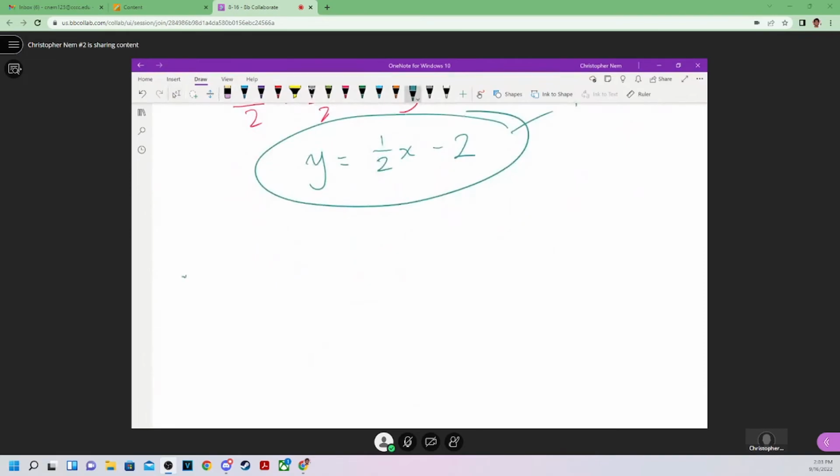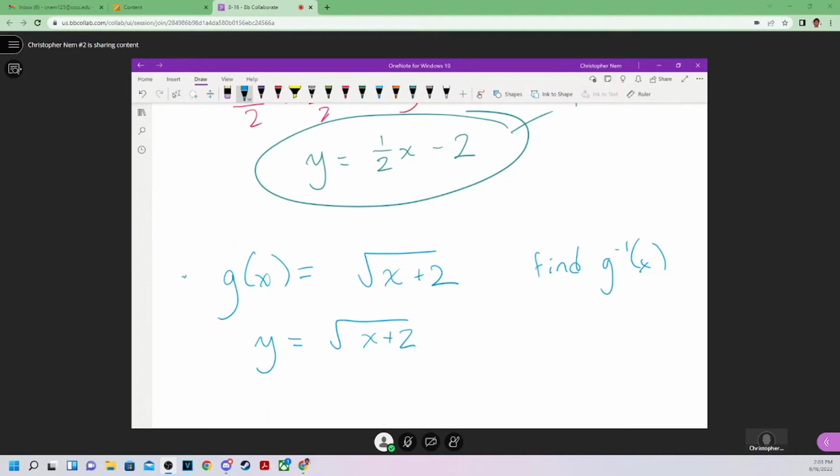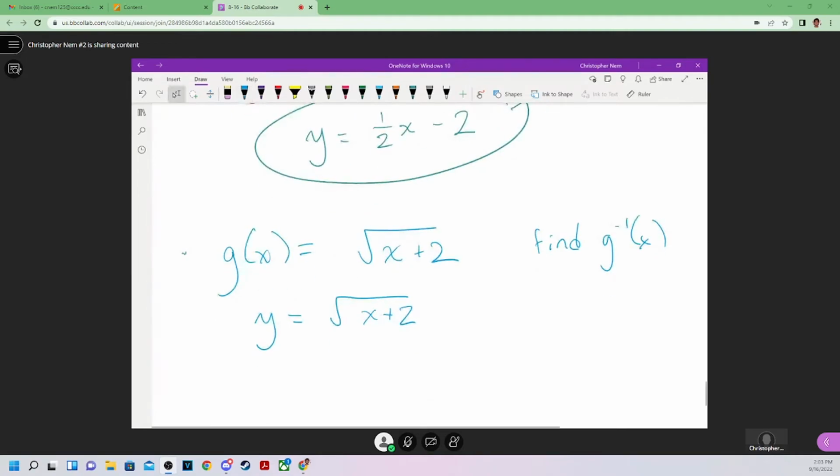Now, let's do another one just to be sure. Let's do g this time. g of x equals the square root of x plus 2. Find g inverse of x. Well, again, I'm going to turn this into y equals the square root of x plus 2. Now I need to swap the x and the y.